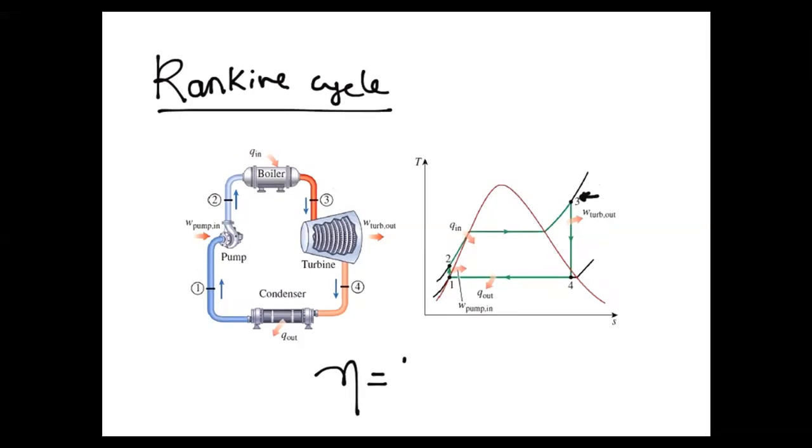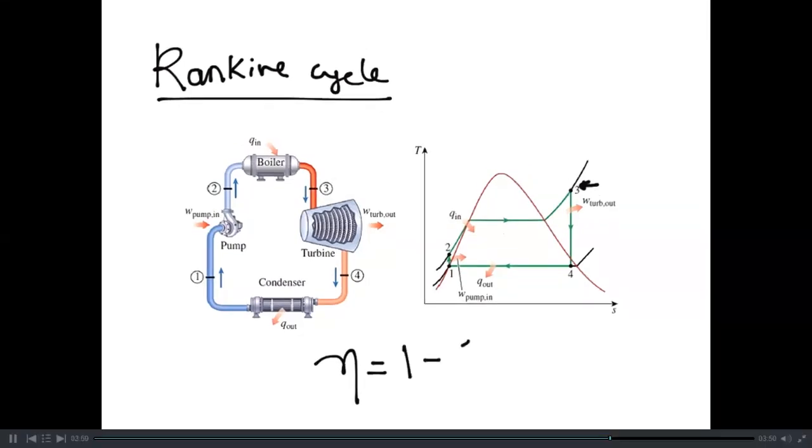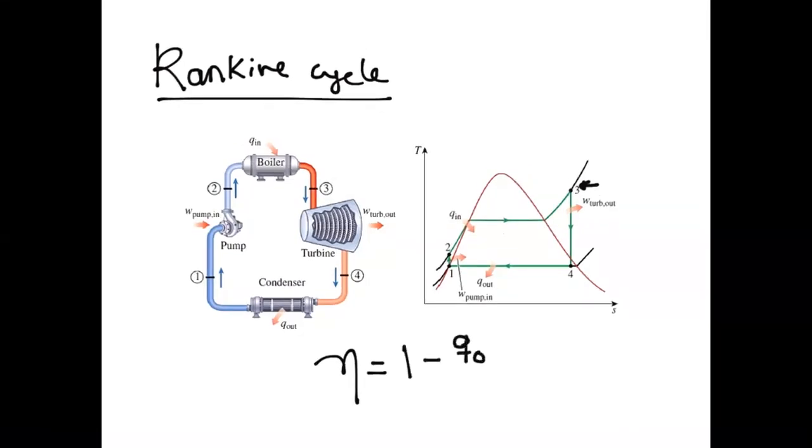At the very end, we're interested in the efficiency, which is 1 minus the heat that we output in the condenser over the heat that we introduce in the boiler. This is, as well, lower than 1.